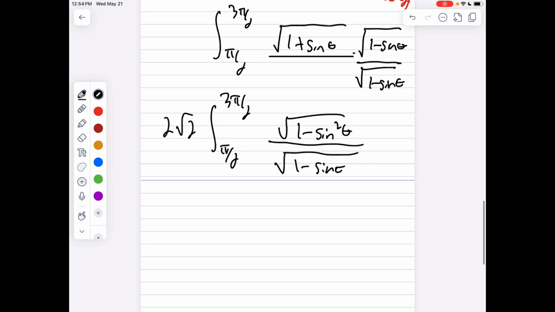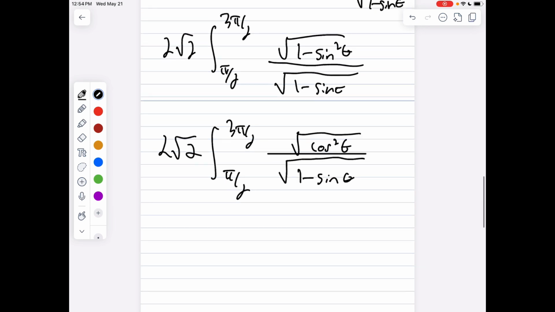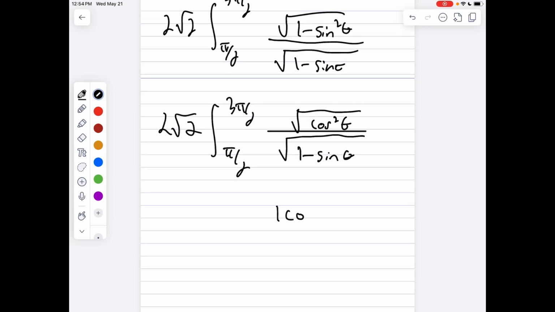The square root of 1 minus sine squared is the square root of cosine squared theta, over the square root of 1 minus sine theta, and you get the absolute value of cosine here. Recall that the square root of a squared, for a real number a, is equal to the absolute value of a. That's what we're using here.